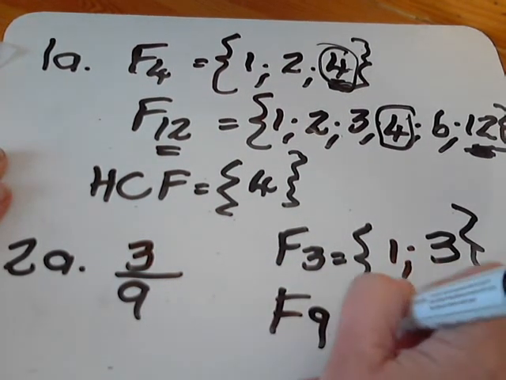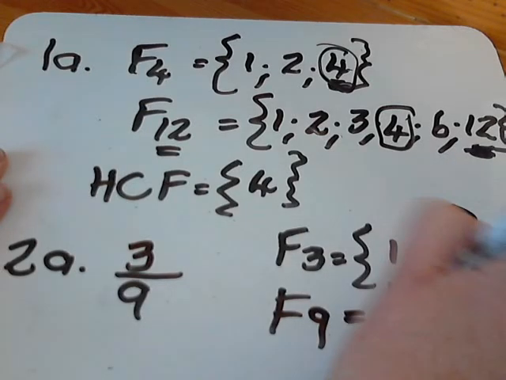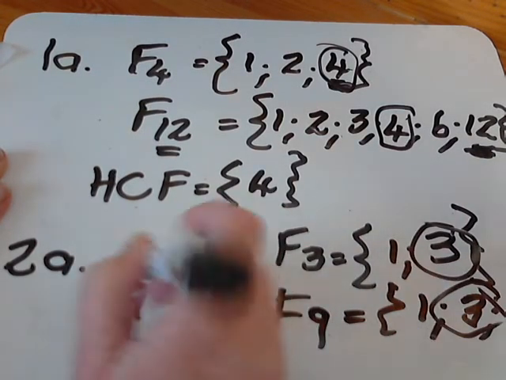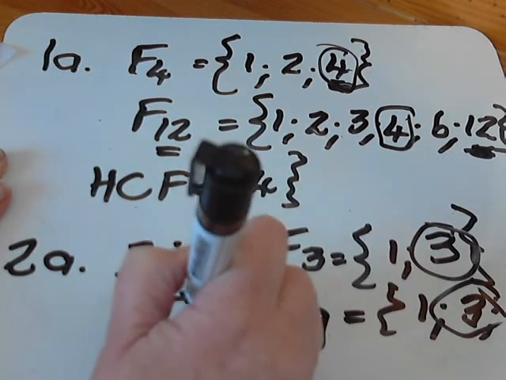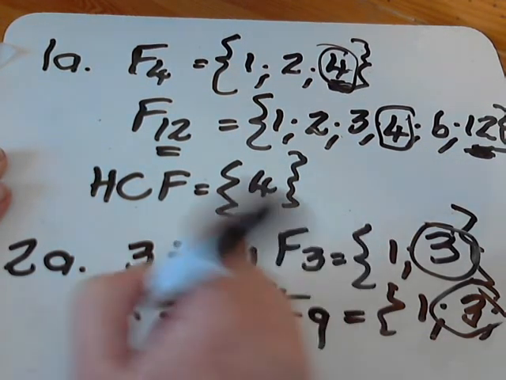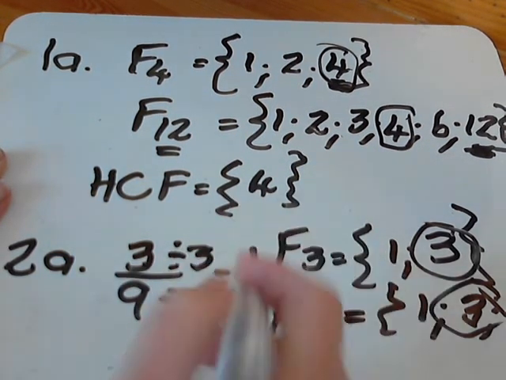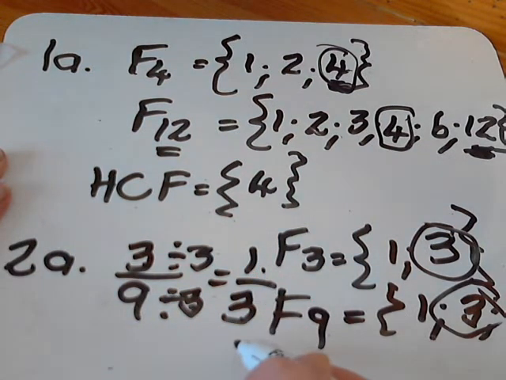What can go into 9? 1, 3, and 9. Close bracket. What is the highest common factor here? Obviously, it's 3. So I know I've got to divide by 3 and divide by 3. 3 goes into 3 once. 3 goes into 9 3 times. So the answer here, simplified, is 1/3.